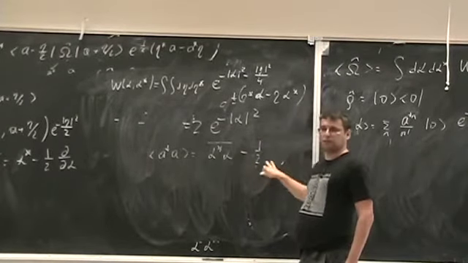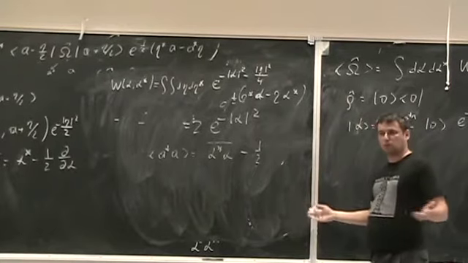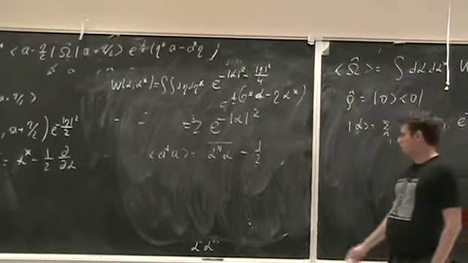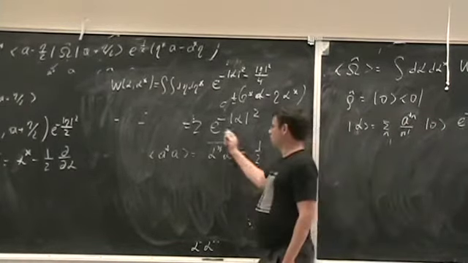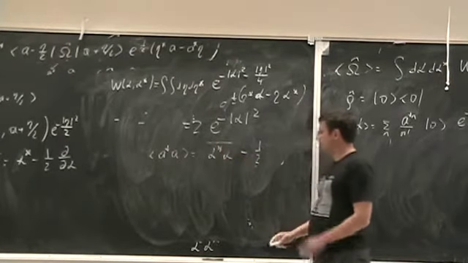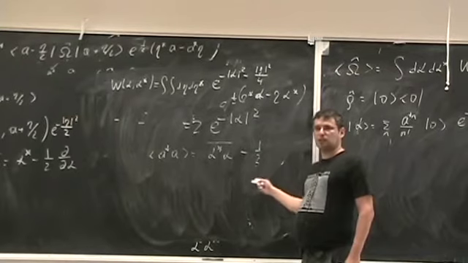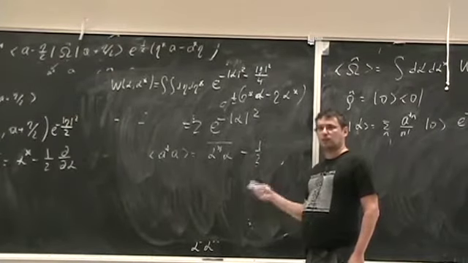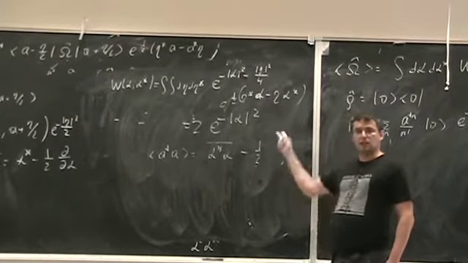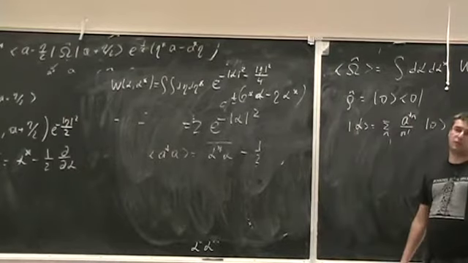So this 1/2 will be killed by this 1/2, so we don't have any contradictions. But if you think a little bit ahead about the future, this 1/2 is time dependent, this 1/2 is just 1/2. So once you start considering dynamics, these vacuum fluctuations will be very important.